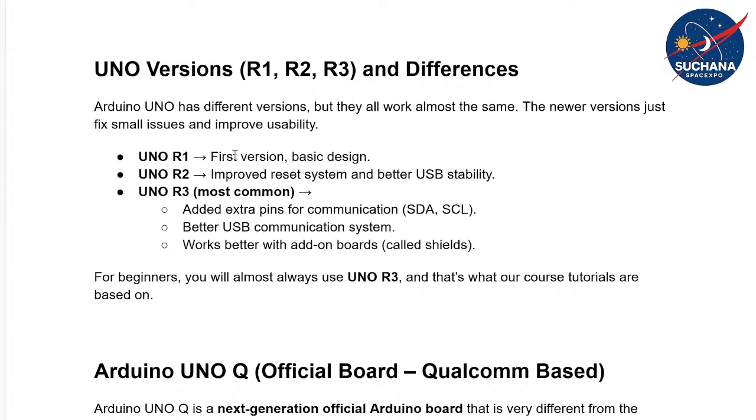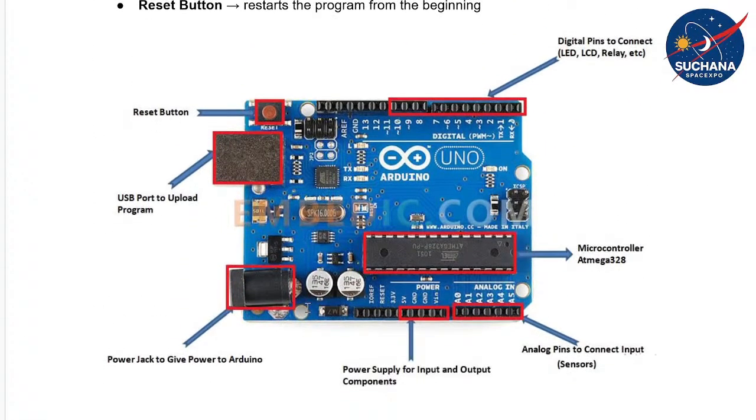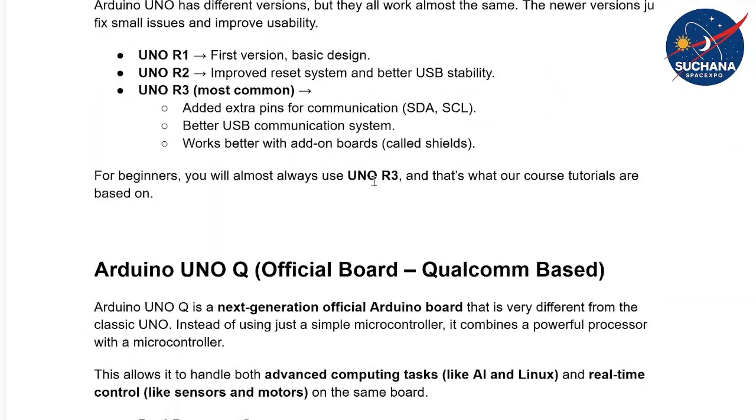So in Arduino UNO, there are three different versions: R1, R2, and R3. The latest version of the Arduino UNO is Arduino UNO R3. R means revision 3, the latest version. As you can see on the top, this is the Arduino board, right? In this board, there are three different variants. The first one is R1.